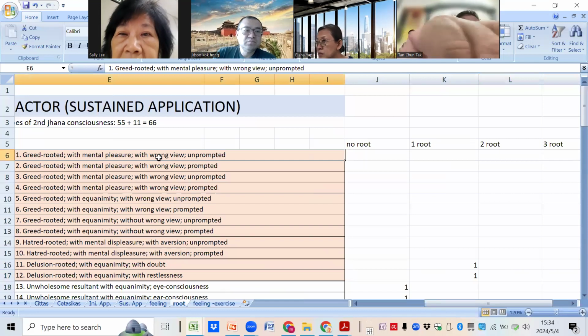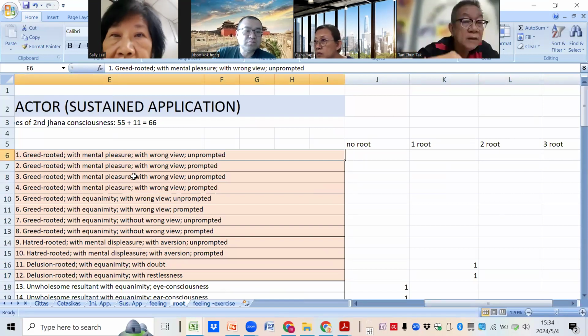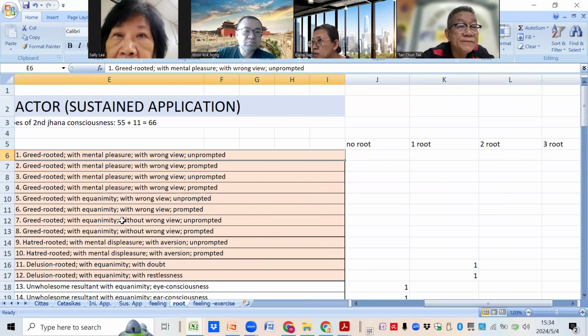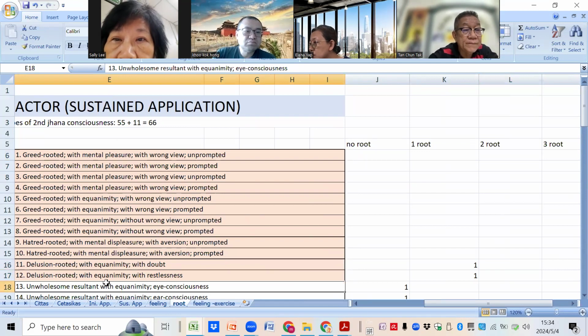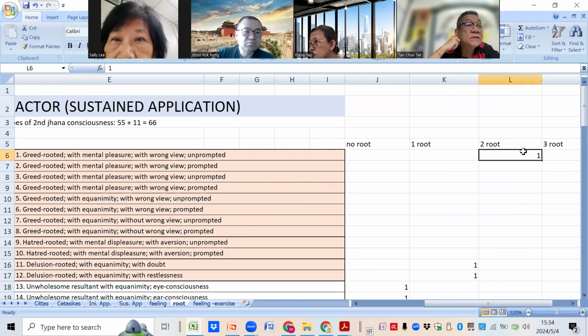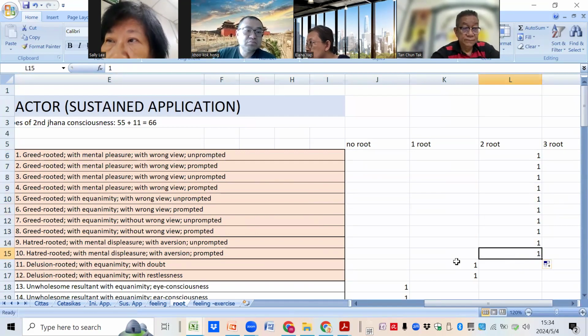On the mic, please. The unwholesome. Actually, all are, right? Yeah, all are, but we have to exclude 11 and 12, right? Okay. Because they have equanimity, right? Yeah. We have to exclude it. Okay, so we get it already.